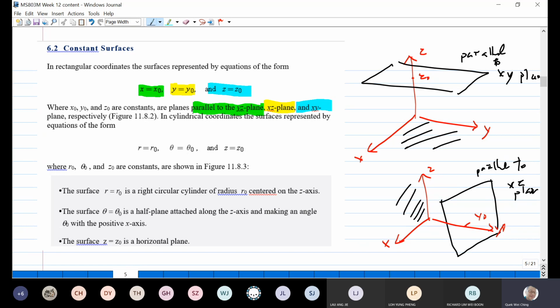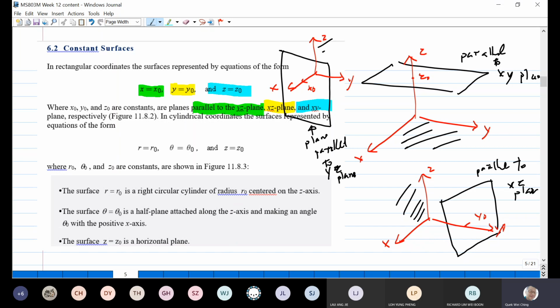Okay. So if I draw a plane so that x equals x0, let's say I draw a plane here. So x, y, z here. So x equals x0 is here. So you draw a plane, you'll find that it passes through x0. This plane here is parallel to the yz plane.